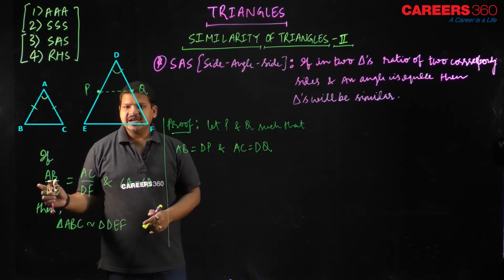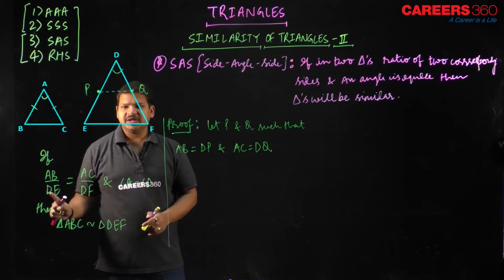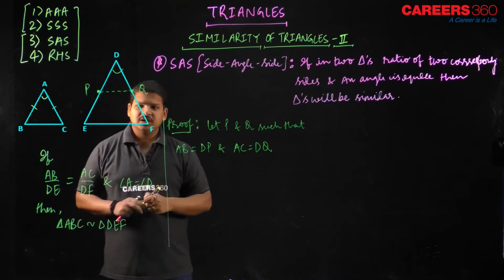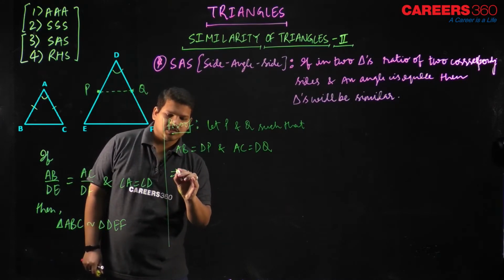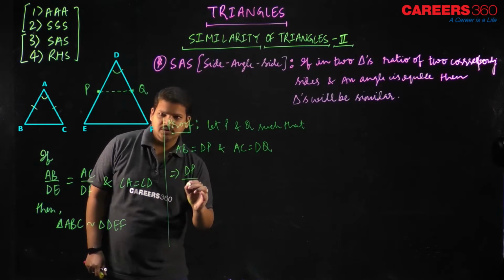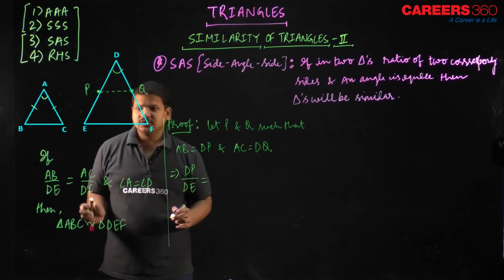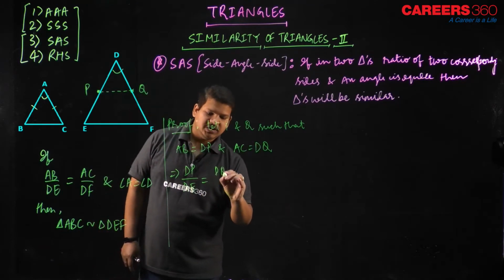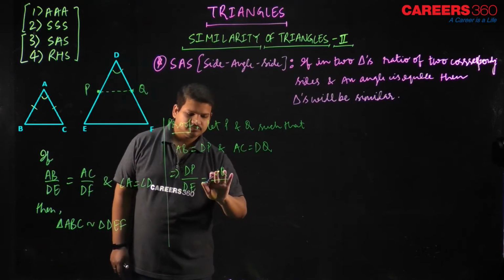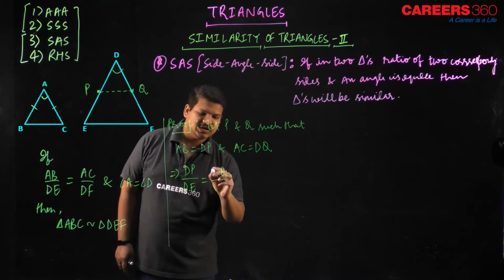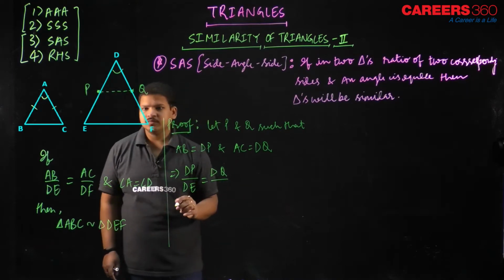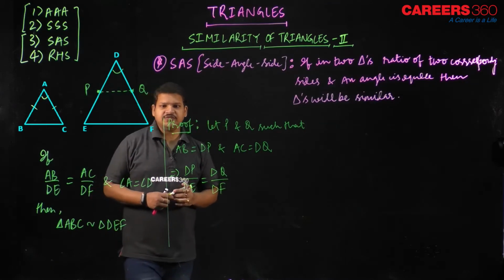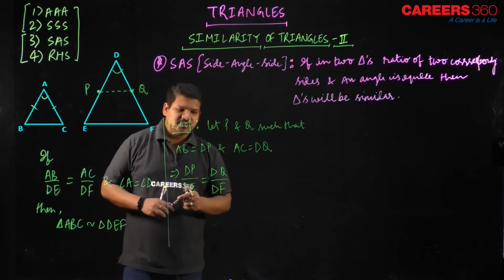Now I have one given statement, AB upon DE, so I can directly replace AB by DP. So DP upon DE is equal to AC upon DF, and AC can be replaced by DQ. So DQ upon DF.